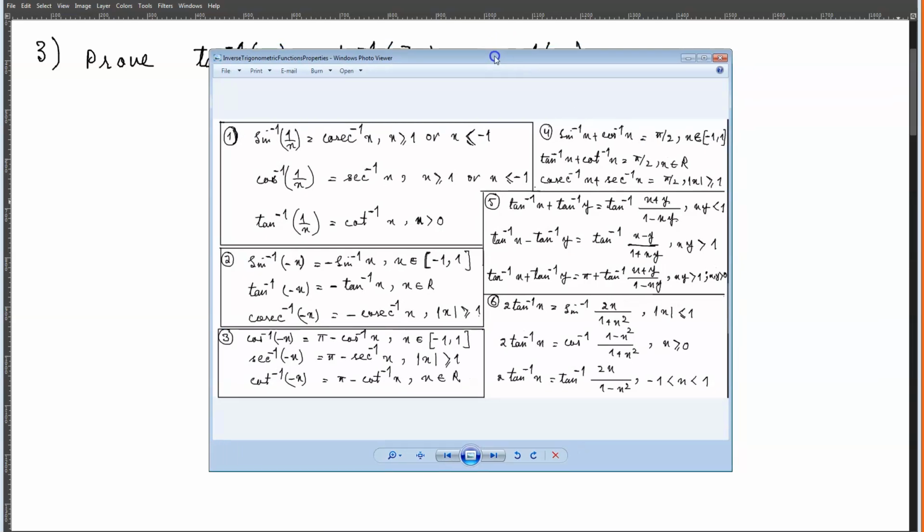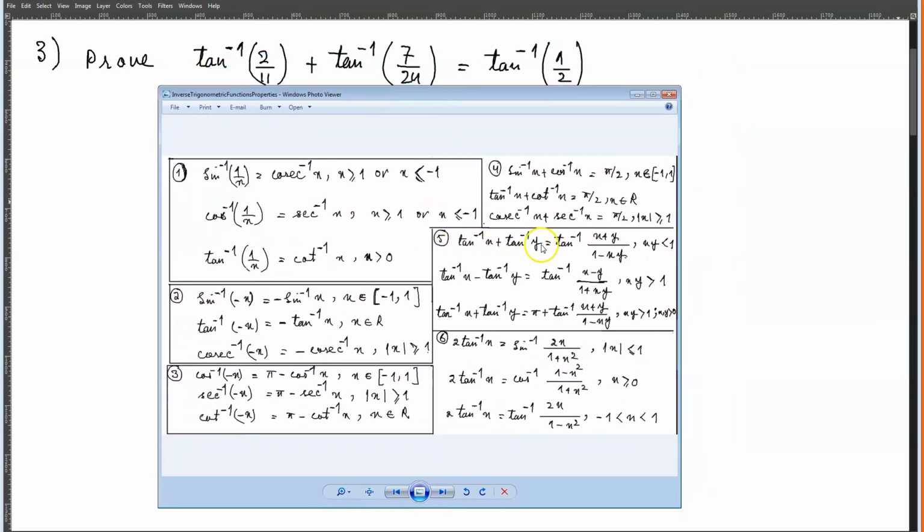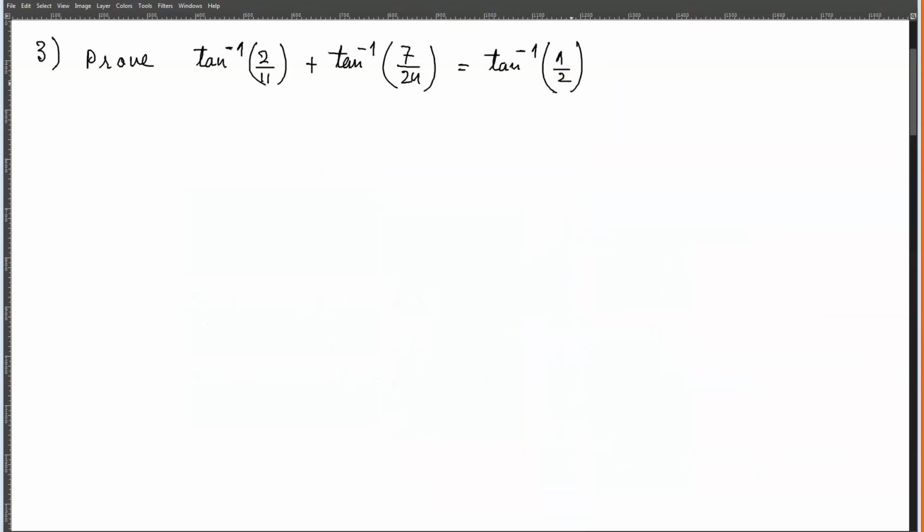So we said that the tan inverse of x plus the tan inverse of y is equal to the tan inverse of x plus y over 1 minus x times y.